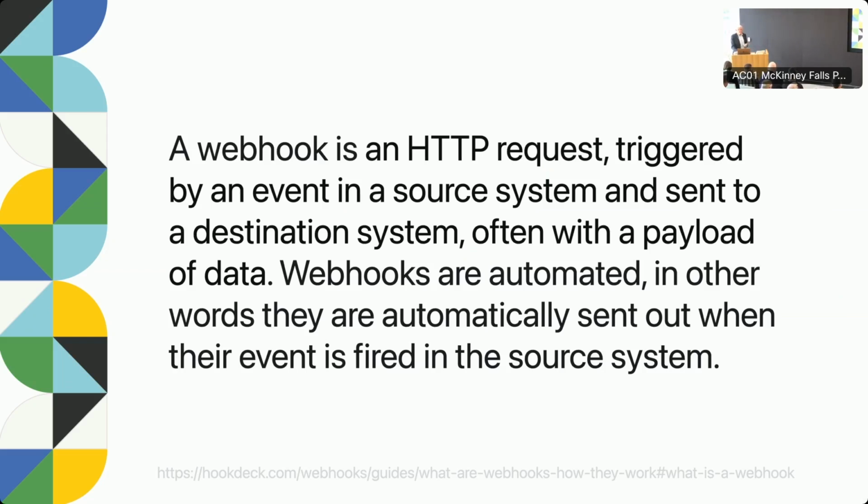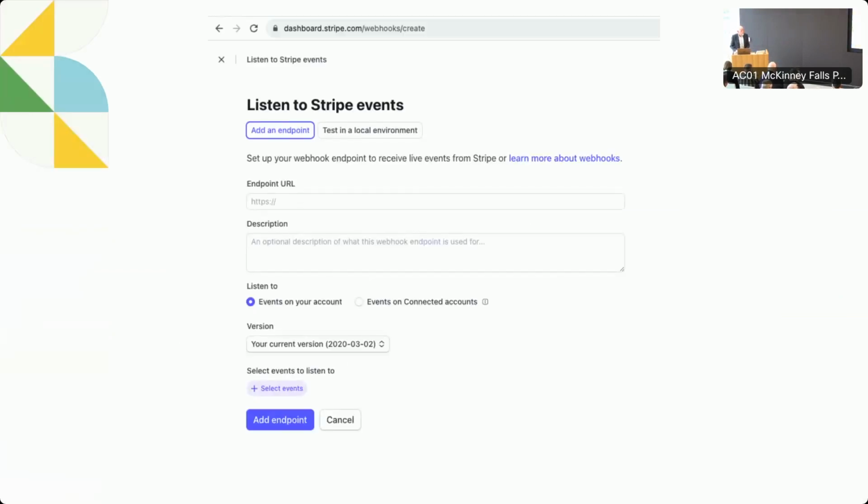The way in which you configure a webhook is very specific to the system that is generating those events. This is what it looks like if you want to listen to events with Stripe. You start off by telling them the endpoint URL, that HTTPS endpoint where they can get to you to send you the information.